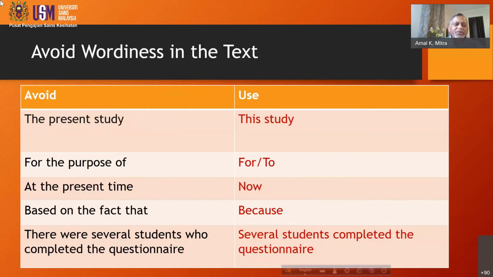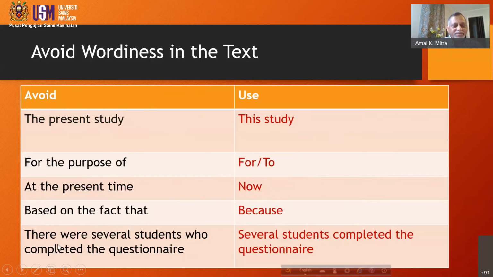Okay? So if I say the present study, I can say this study. So 2 words instead of 3 words. For the purpose of, we can say for or to. At the present time, we can say now.